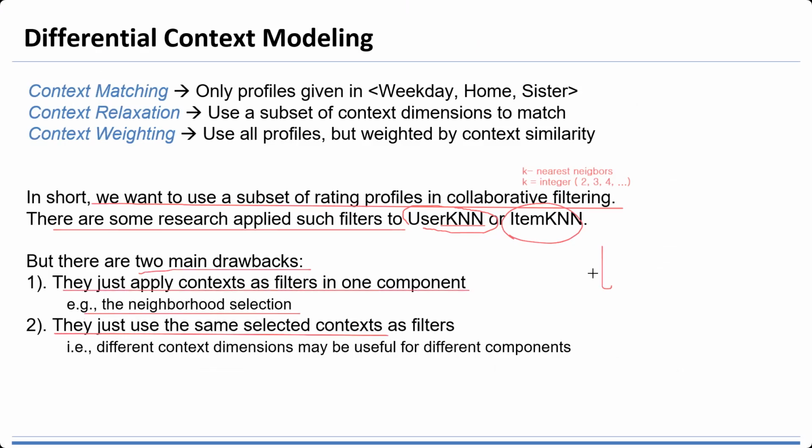So if we have only time and location, actually the different context dimension may be useful for different components. So those are the drawbacks, but it is a very simple problem.